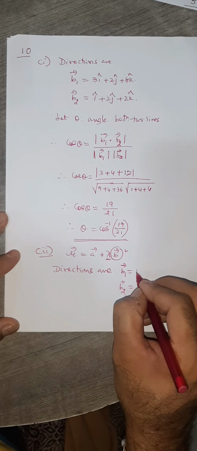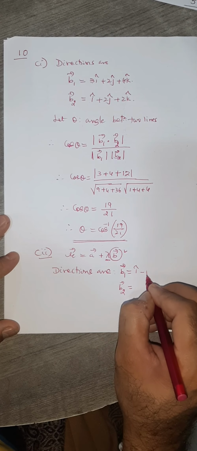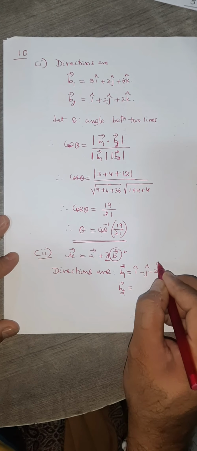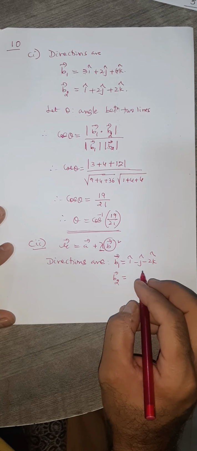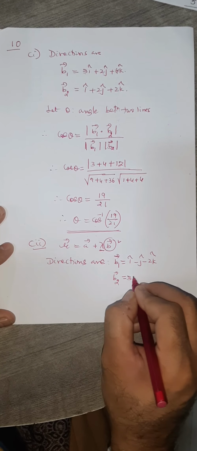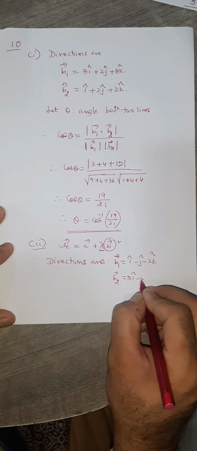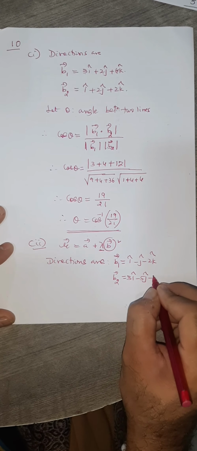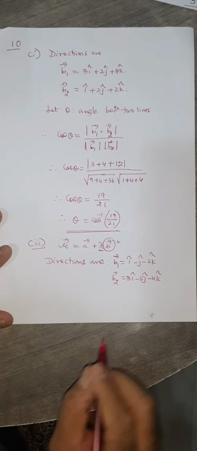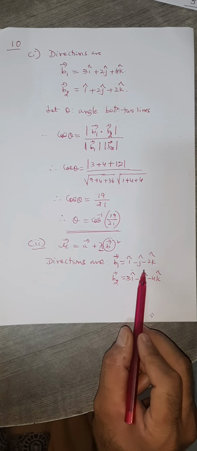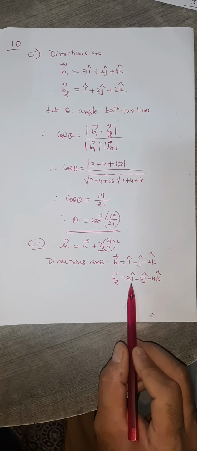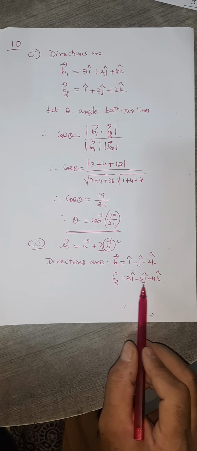So b1 is given by i cap minus j cap minus 2k cap. And for the other line, it is 3i cap minus 5j cap minus 4k cap. These are the directions: i minus j minus 2k, 3i minus 5j minus 4k.